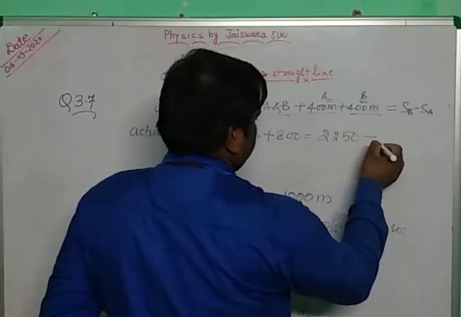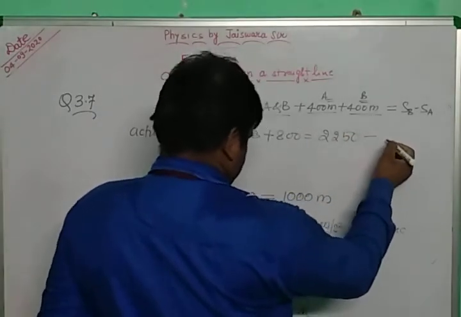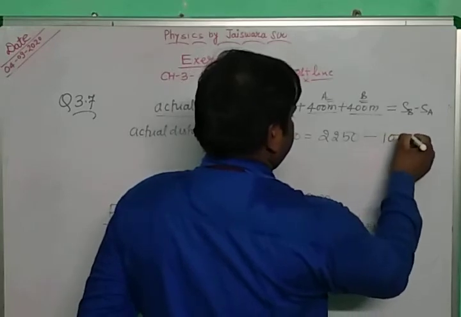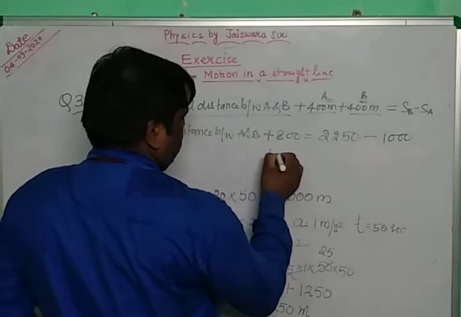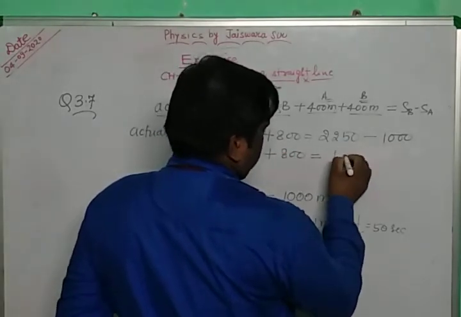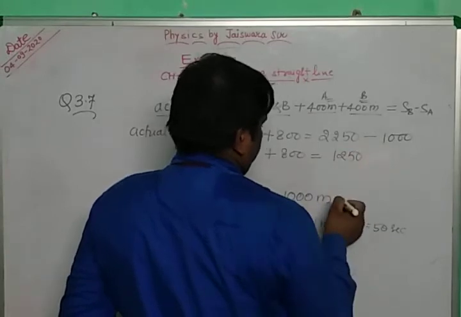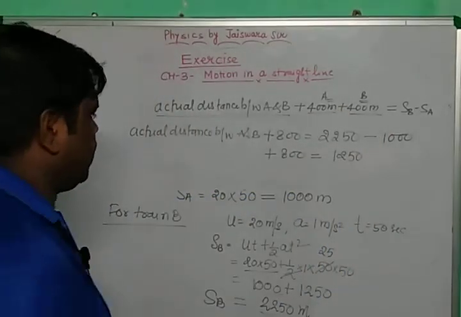This will be equal to 2250 minus 1000, and it becomes plus 800, which is equal to 1250. All these values are in meters.